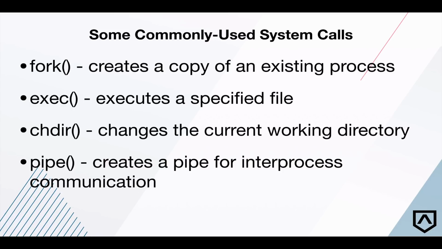So the pipe system call essentially sets up an avenue of communication between two processes' address spaces, to be more accurate, that then allows those two processes to actually communicate and read and write data from one another. And that would just be one of the system calls you could use to set up inter-process communication, as it's called, or IPC.